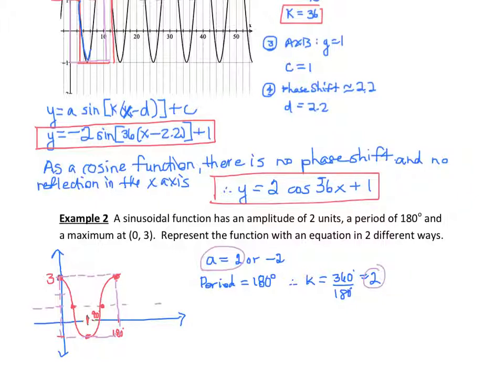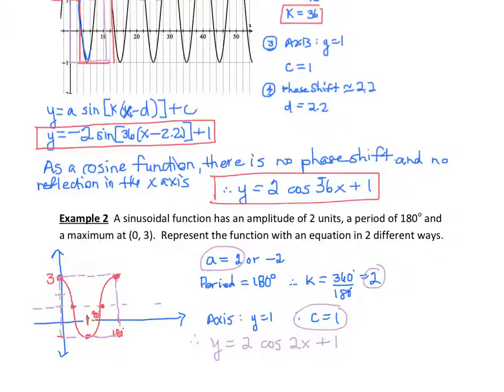There's no phase shift as a cosine curve, but there is a vertical translation 1 unit up. Since the axis is at y equals 1 again, we know that the c value is 1. So as a cosine curve, we could write y equals 2 cos 2x plus 1.